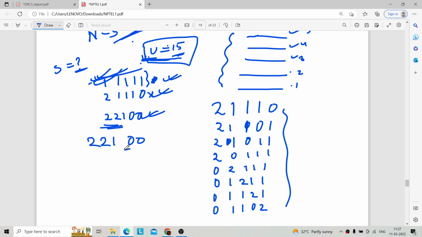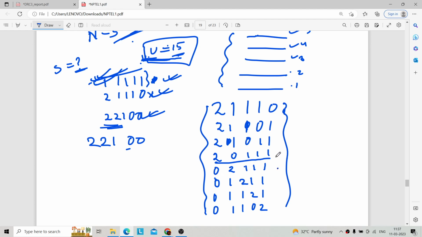You have to arrange them. Are there other possibilities? Yes, the first step can be zero, and the second step may be two, zero, one, one, one.